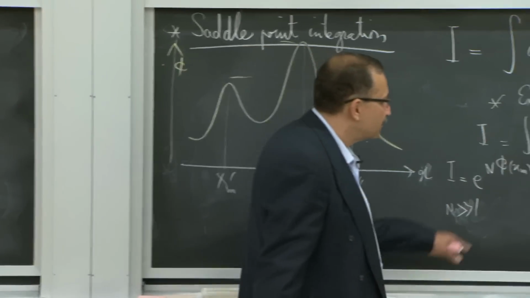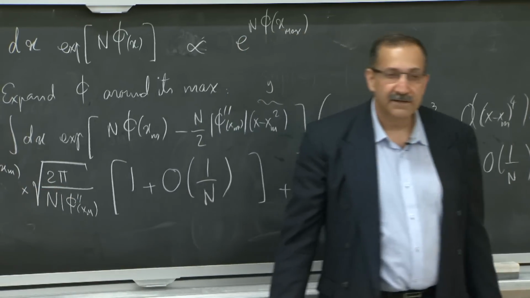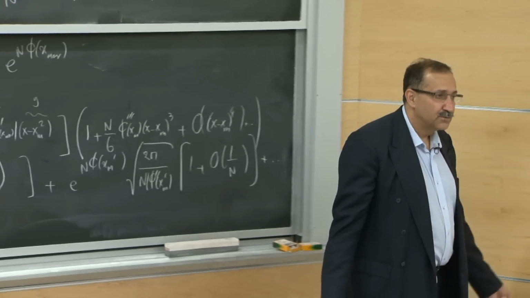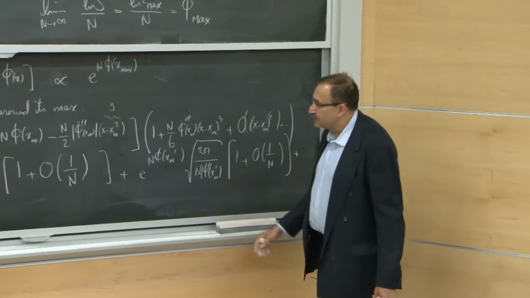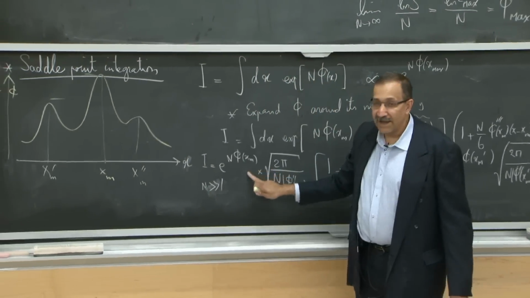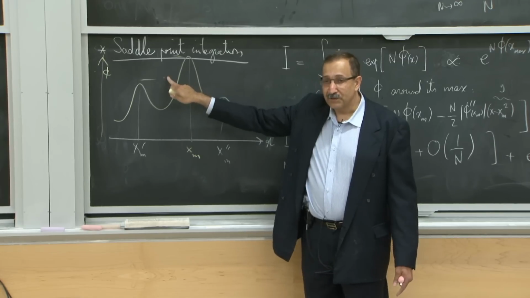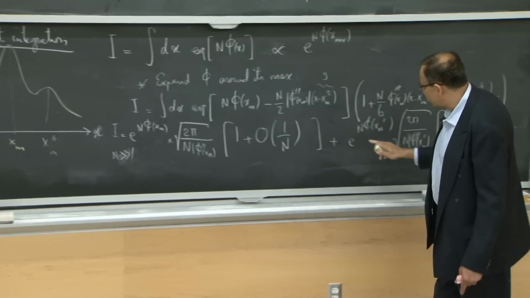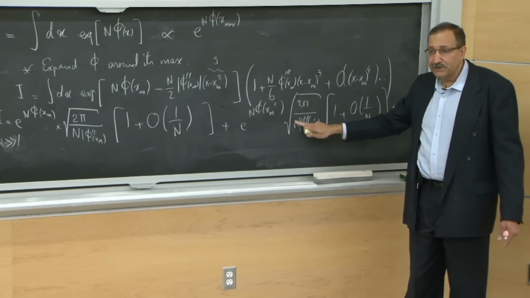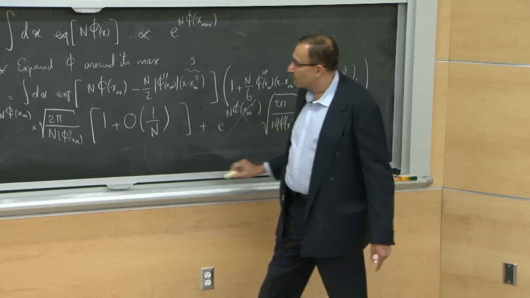It doesn't matter. I'm multiplying two things with n, and then I'm comparing two exponentials. So if this maximum was at 1, I would have here e to the n. If this one was at 1 minus epsilon, over here I would have e to the n minus n epsilon. And so I can always ignore this compared to that.